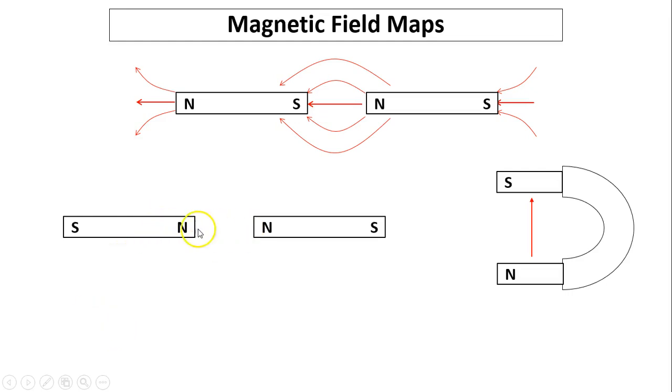Here you have two bars with north and north facing each other. North is going away, so they will repel each other. These are the magnetic field lines coming toward the south. Here's a horseshoe. A horseshoe field always goes from north to south. Look at the edge, it's not quite straight, it bends a little bit, but in the middle, it's a straight line.